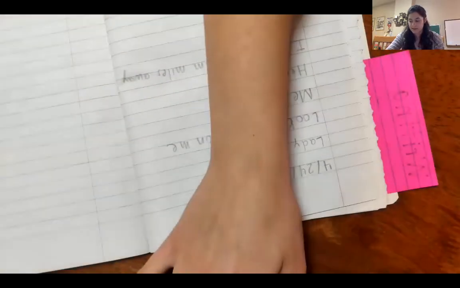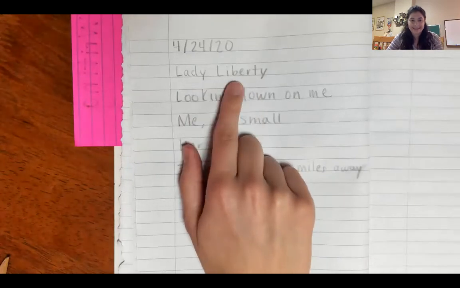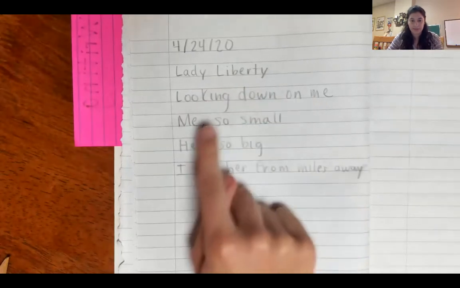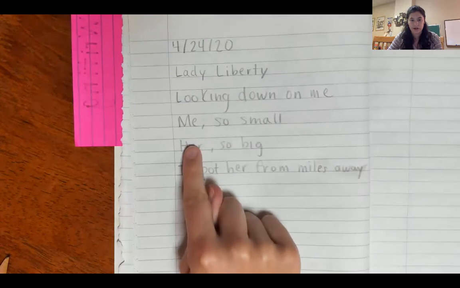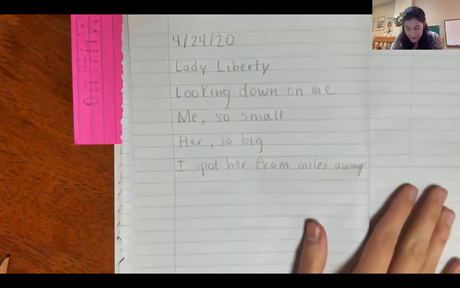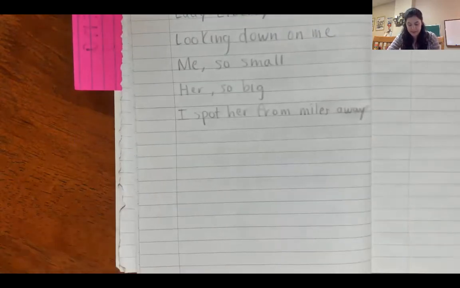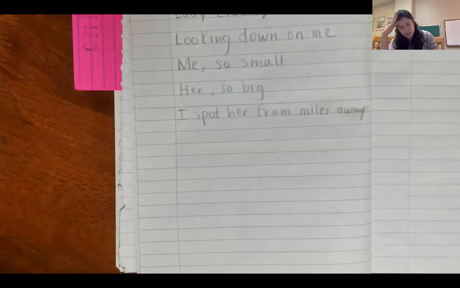It says, put my date. It started like this. I said, Lady Liberty, looking down on me so small, her so big. I spot her from miles away. And now I'm thinking, what do I remember feeling? I'm picturing that moment, where I was, what I was thinking.